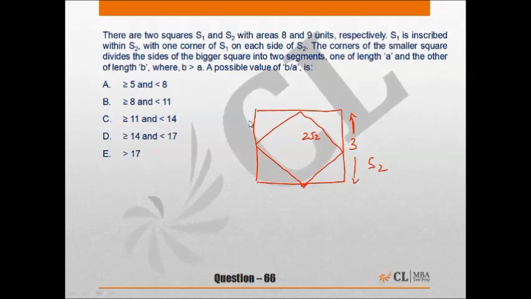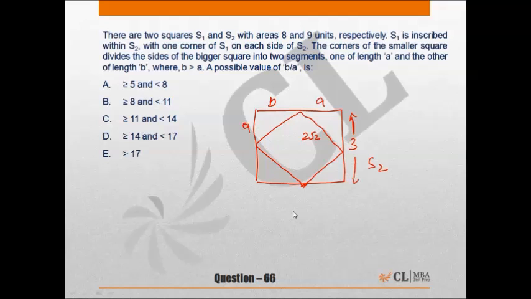The corners of the smaller square divide the sides of the bigger square into two segments, one of length A and the other of length B, where B is greater than A, which means if this portion is B, then it will be A and it will be A, and so on.